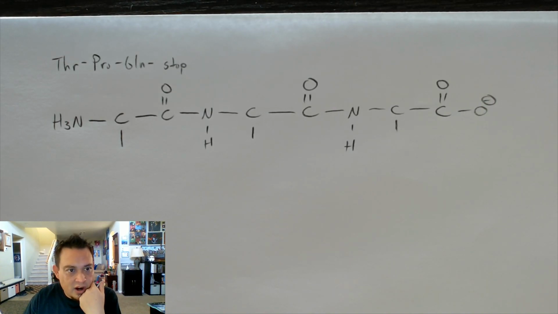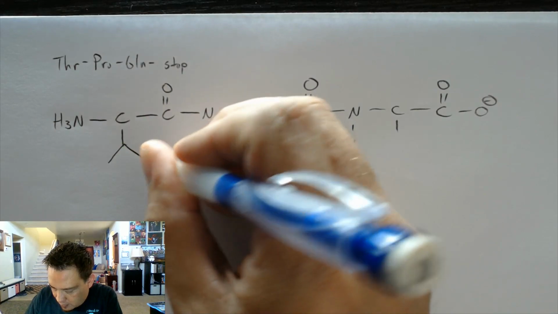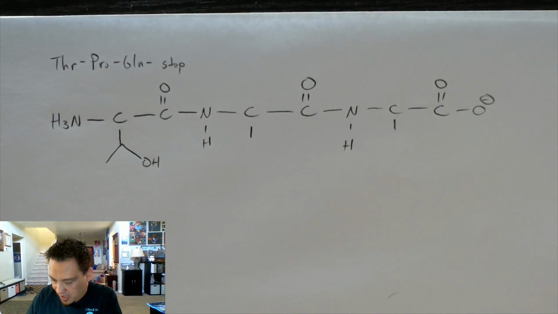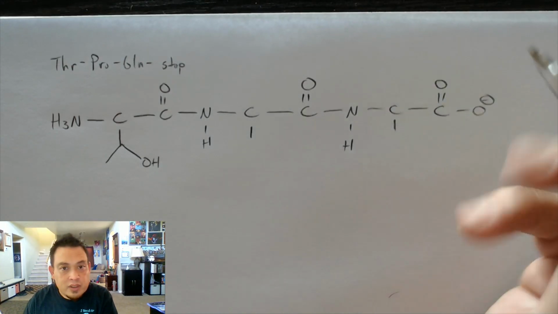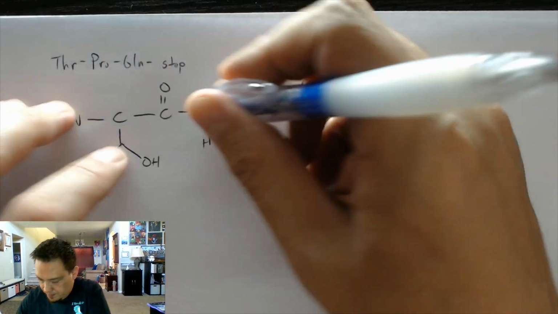So THR, I'm looking at my chart right now that's on Canvas. It looks like it is that. And then the next one is proline, PRO. And then, oops, this is a tricky one. Looks like it's the ringed one.